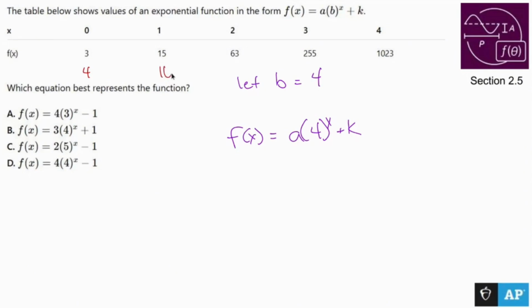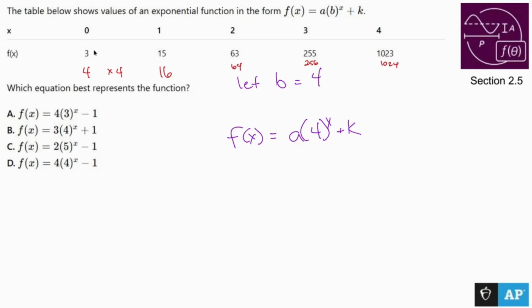Adding 1 here makes it 16. And 4 times 4 is 16. So since I added 1 to create a new table, that will definitely work, because this would become 64, and 16 times 4 is 256, and that would definitely work.